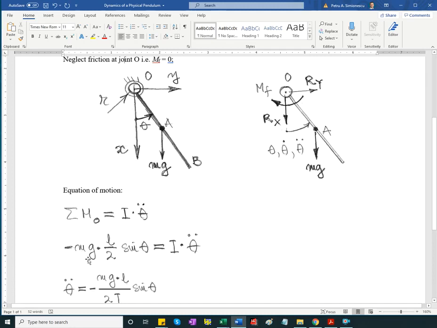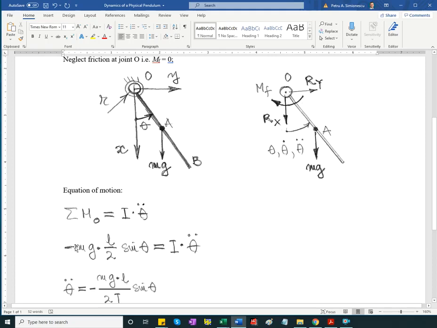Okay, so the sum of moments writes, assuming positive moment to be counterclockwise, and this is also the positive direction for theta and its first and second time derivatives. So positive theta counterclockwise, positive theta dot counterclockwise, positive theta double dot counterclockwise. The weight acting at the middle of the bar is generating this moment.